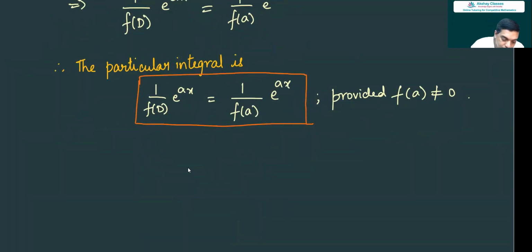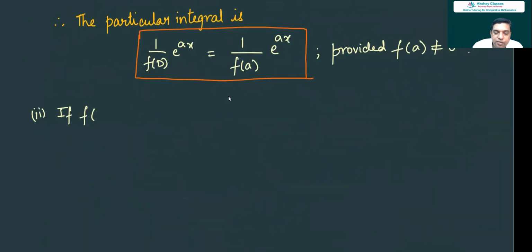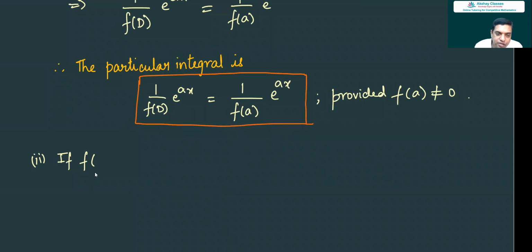Now, if f of a is 0, this is the second part of case 1; the first part is when f of a is not equal to 0.